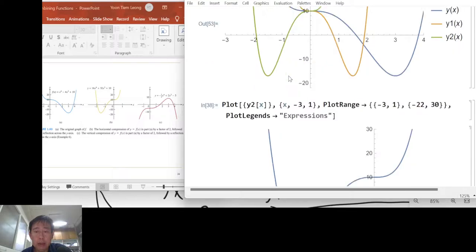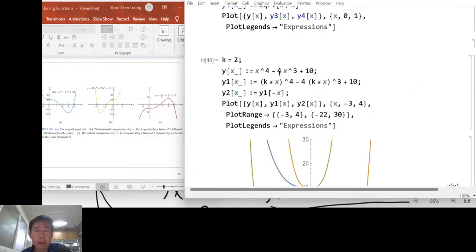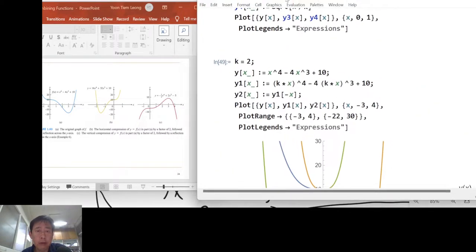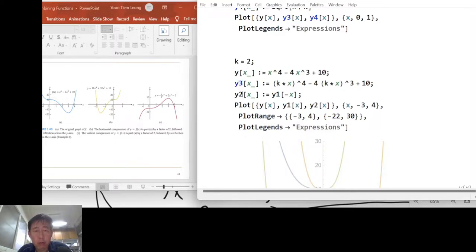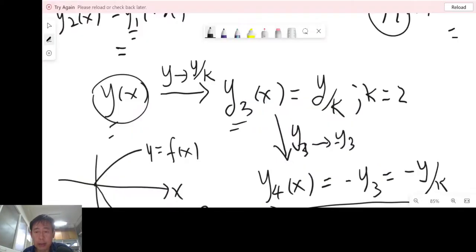So here, to obtain the graph, let me go back to my function. This is the original function y, and I'm going to construct y3 and y4. The construction of y3, according to my explanation here, is just to divide the function y by the vertical compression factor k.